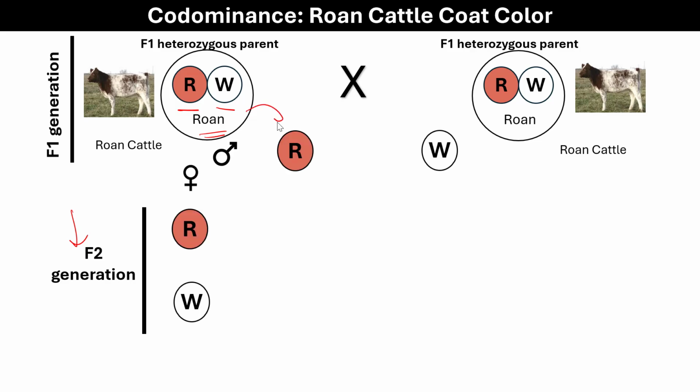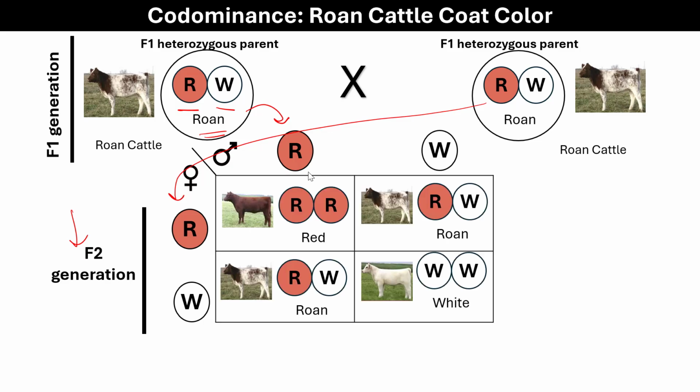First of all, they will produce gametes. Here they are producing their respective gametes. And when you cross these gametes, you will see when R and R come together, you get back to the parental kind, which is red coat color. And when W and W come together, you are back to the parental character, which was white coat color.